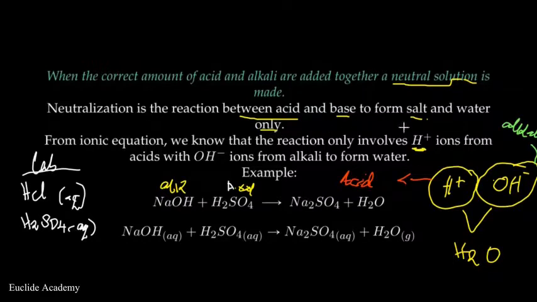It produces a salt and it produces water. The salt being produced here is sodium sulfate, and the other product is water. This is an example equation of the reaction between sodium hydroxide, an alkali, and sulfuric acid, an acid, forming sodium sulfate and water.